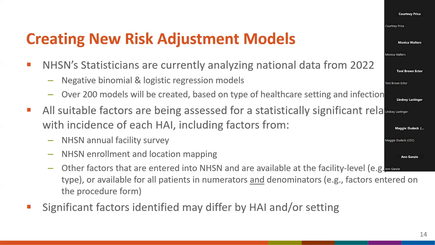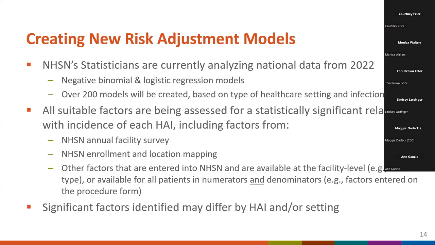These models are called negative binomial regression models and logistic regression models. If you are interested in more details about these types of models, you can refer to our SIR guide. Overall, for the entire 2022 rebaseline process, the team will be creating over 200 individual risk adjustment models, and there will be separate models for each healthcare setting and HAI type that is in scope for this project. We'll get into that in a couple of slides.